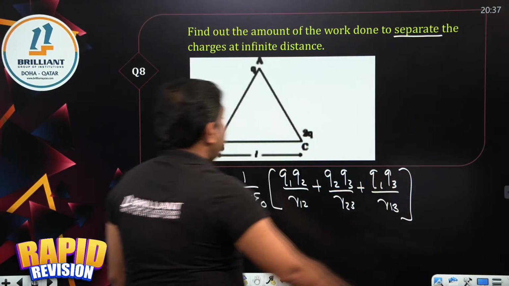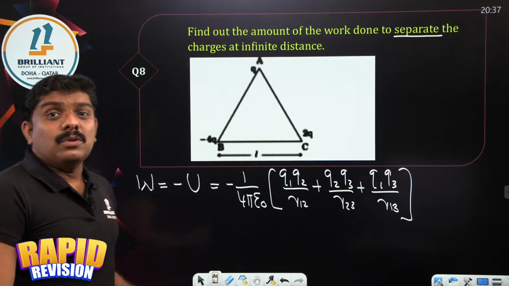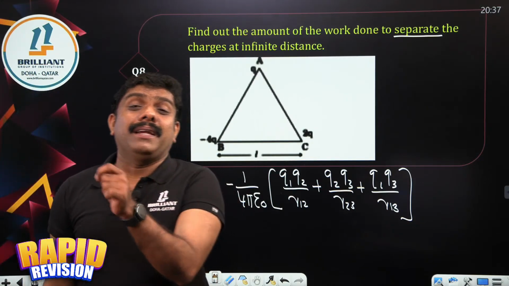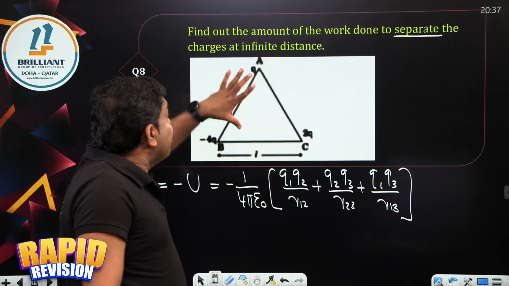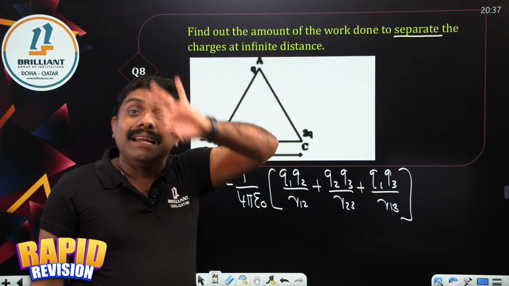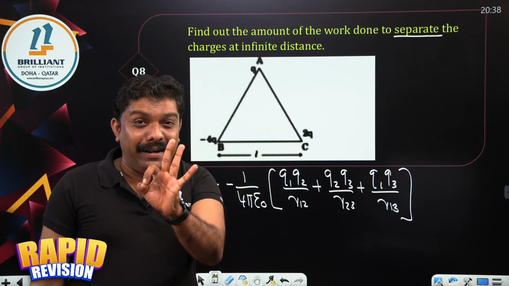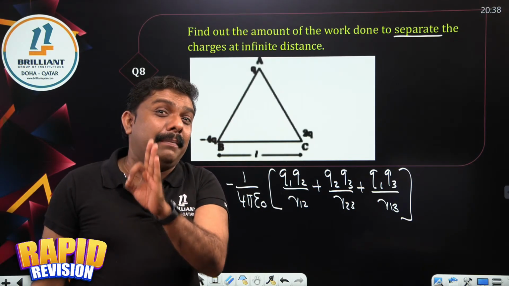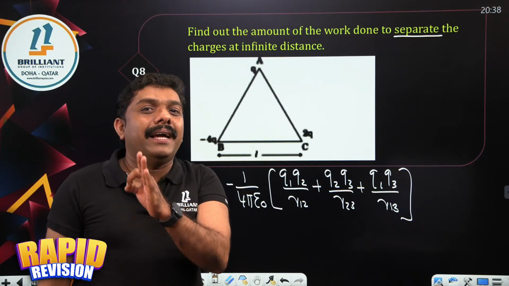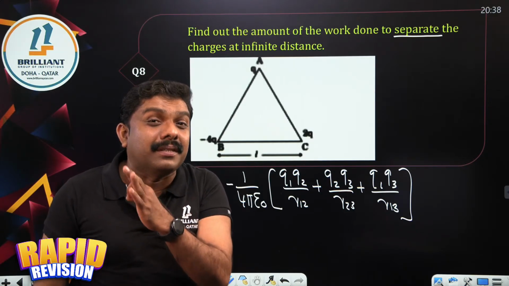Here the charges are given. If this question comes in the exam, you have to draw this diagram in your answer sheet. Any diagram question coming in the paper, I am repeating, you have to draw that diagram neatly in your answer sheet.